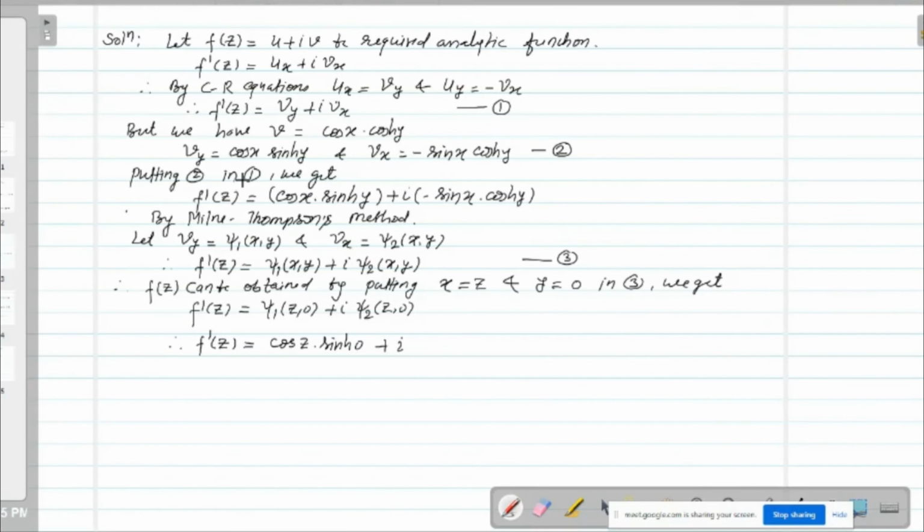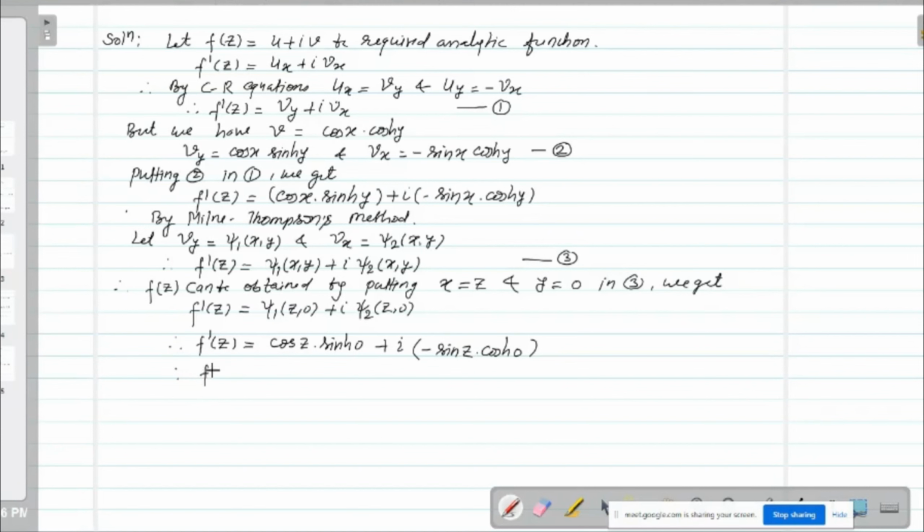Your psi 2 is vx, but vx is what? Vx is this one, minus sine x cos hyperbolic y. So write down minus sine z into cos hyperbolic 0. Okay, so just simplify this.